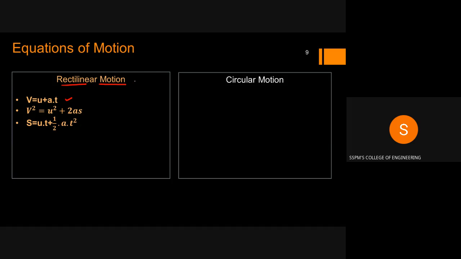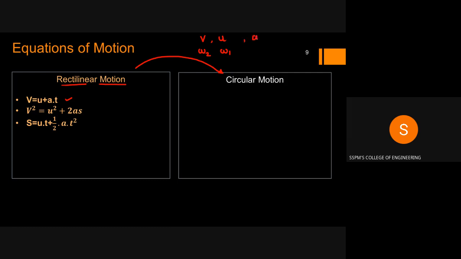Similar to the rectilinear motion, we can write the kinematic equations for the circular motion. We just need to use the equivalent terms. Here v is the final velocity, u is the initial velocity. So we can use omega 2 as the final velocity and omega 1 as the initial velocity.